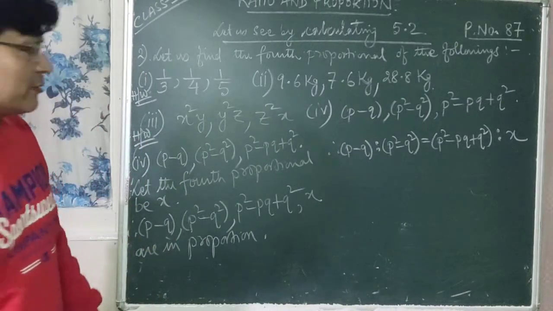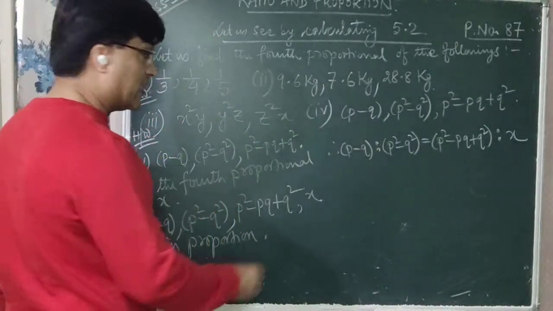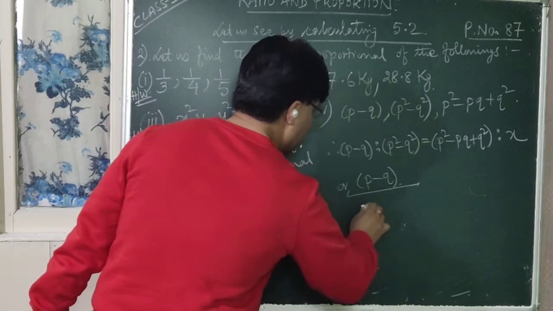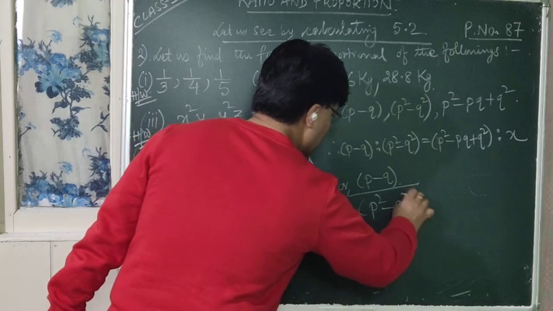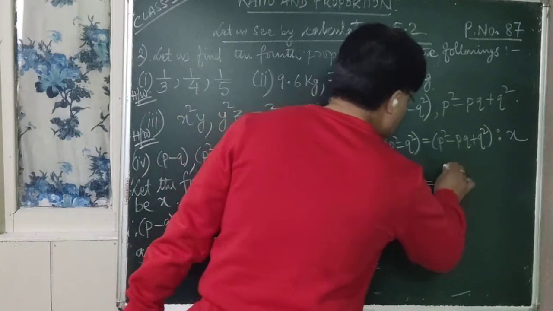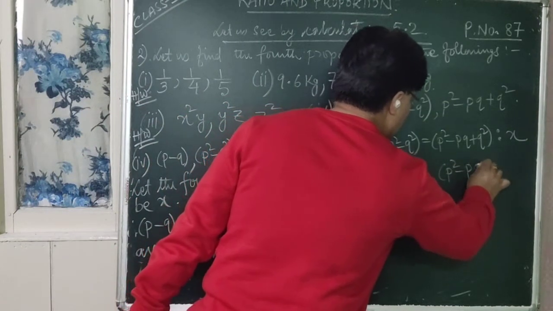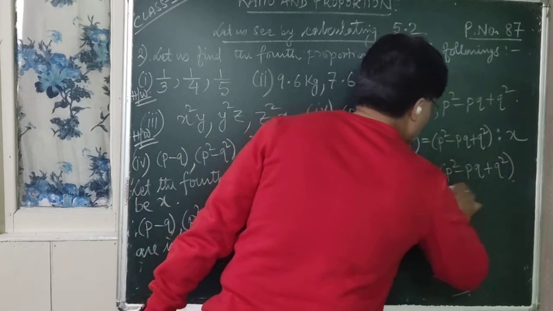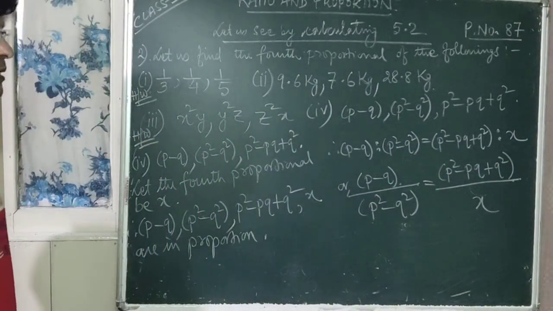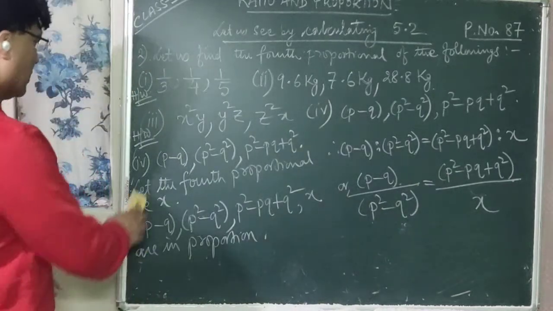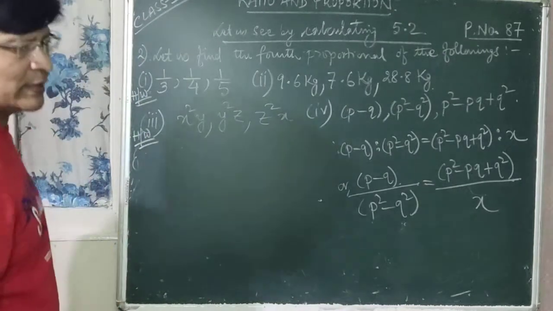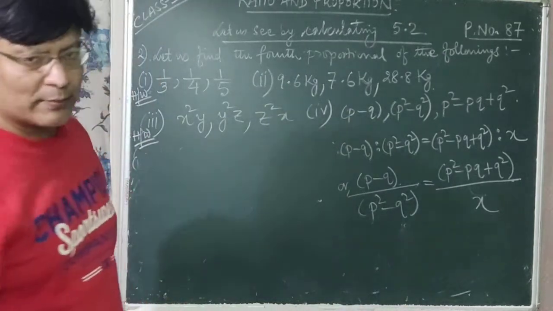So ratio means you can write it in terms of fraction, okay? Or p minus q divided by p square minus q square, which is equal to, on the right hand side also you can write it in terms of fraction, p square minus pq plus q square, this whole divided by x. Is that clear to all of you? So now let us simplify it further. Let us write down the formula in the denominator. You know p square minus q square, isn't it?